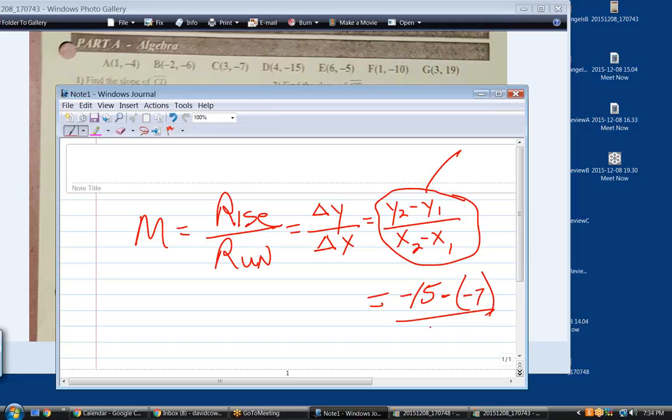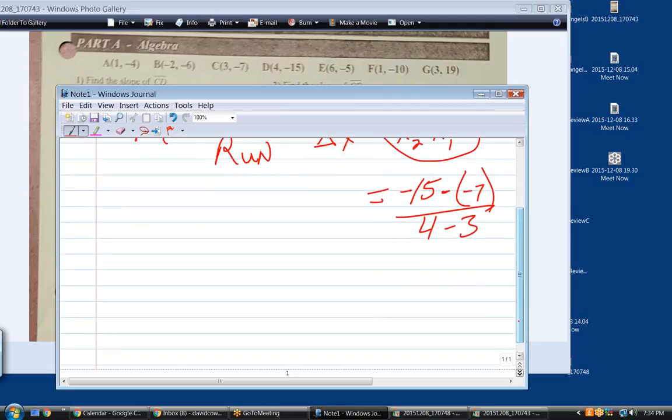What's x sub 2? 4. Minus 3. What's that numerator? Sorry? What's the numerator? Oh, what, negative and a negative? Like that? Going to a positive?